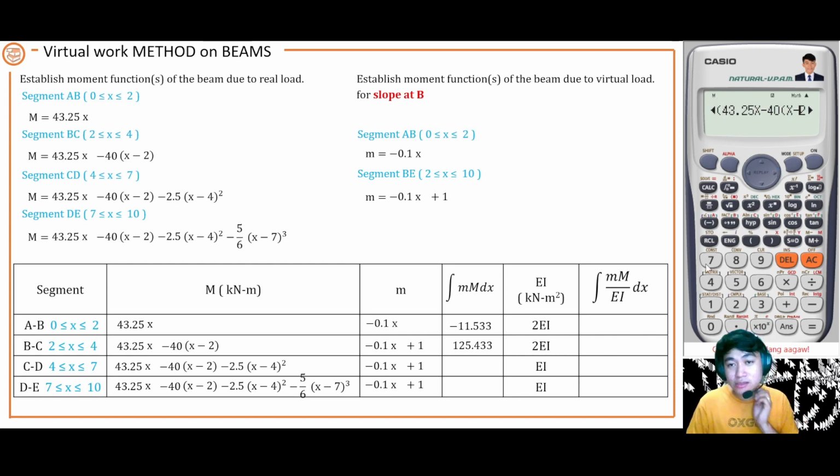We're now on the third segment. Same smaller m, but the limit should be only 4 to 7. The answer here is 122.9625, or 122.963.